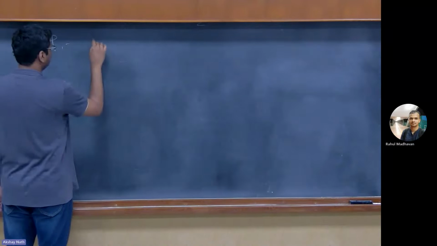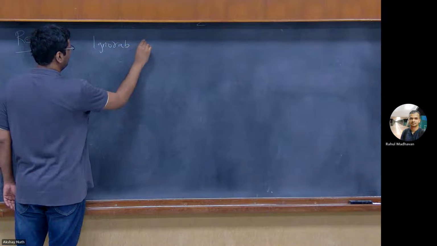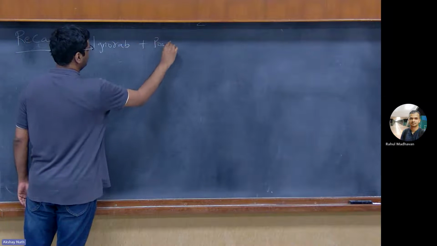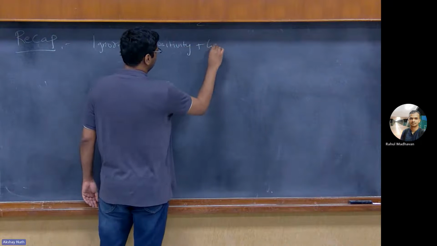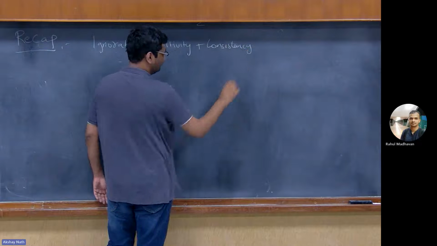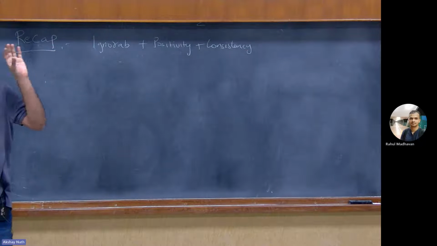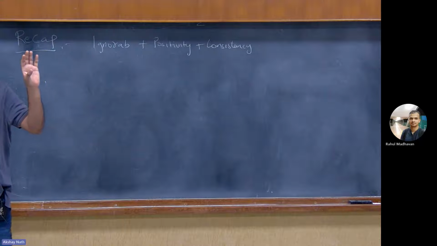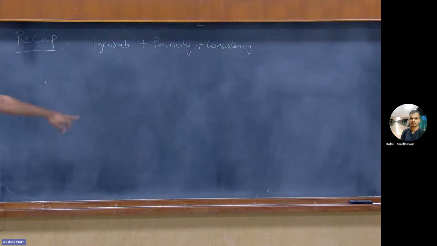Under the standard assumptions, which is ignorability plus positivity primarily, and of course consistency. Consistency simply means that you have these two hypothetical columns, and depending on which treatment you do, you basically substitute one or the other from the other column. That's consistency.